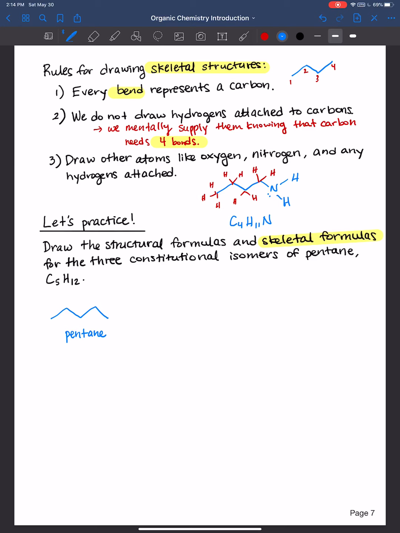Remember that constitutional isomers have the same molecular formula, but different atom-to-atom attachments.